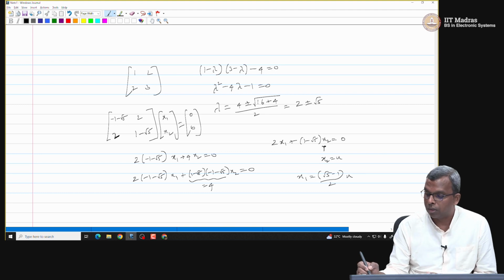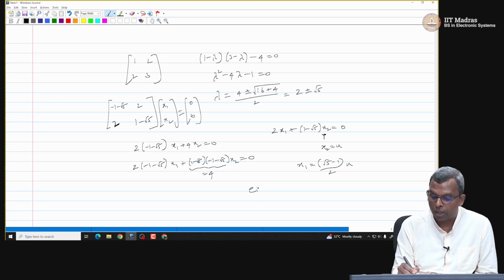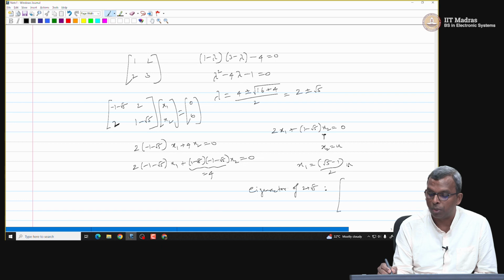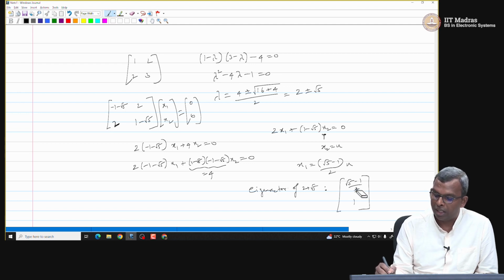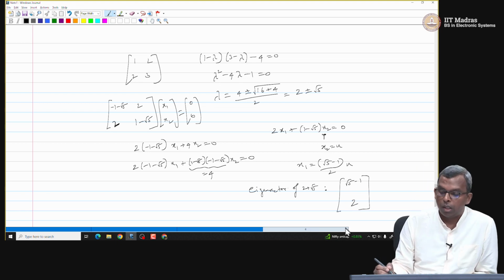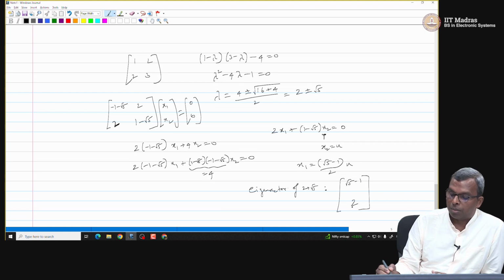So the eigenvector corresponding to 2 plus root 5 is, u can be put as 1 if you like, so you get root 5 minus 1 by 2, comma 1. You can do any scalar multiple of this. Just for simplicity, I will keep it as root 5 minus 1, 2. So that is my eigenvector with eigenvalue 2 plus root 5.